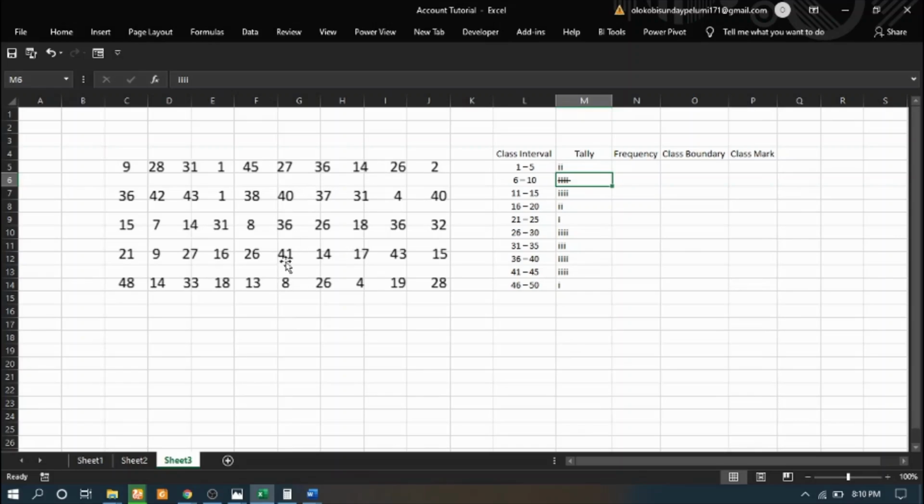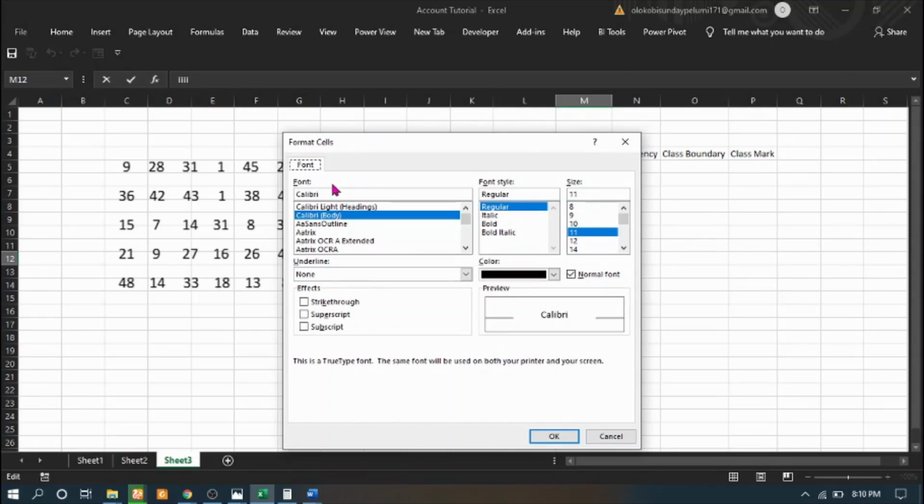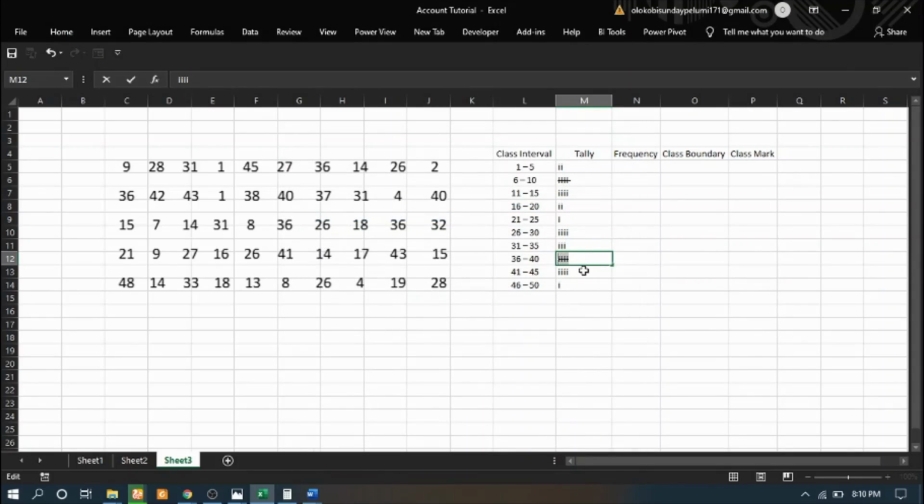We've done 8. So now 36 is here. 36 makes it 5 also. That makes a bundle also, so we strike through.